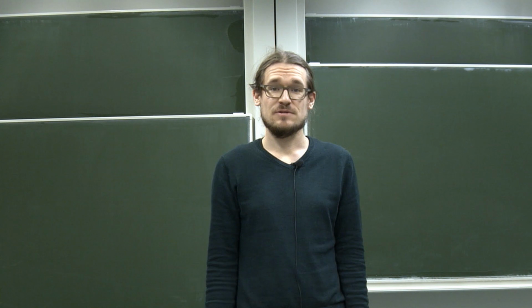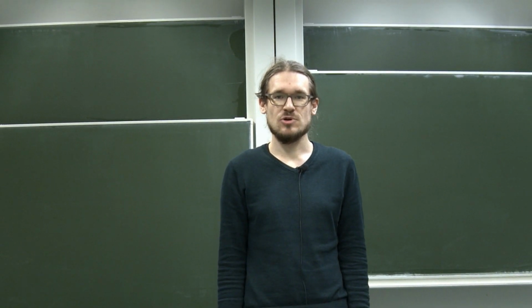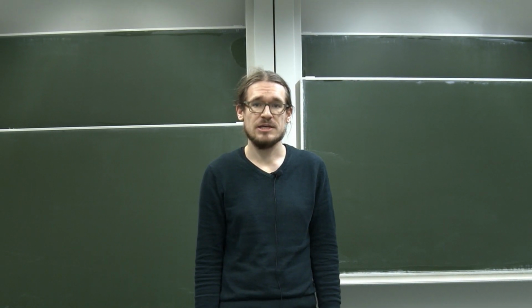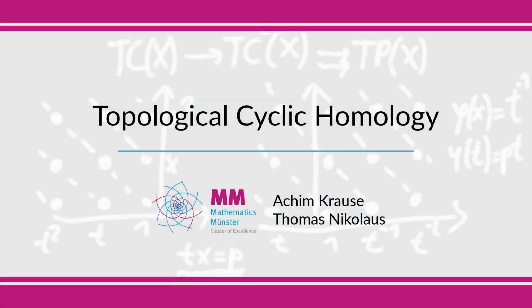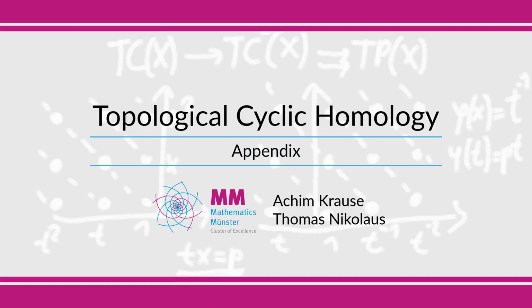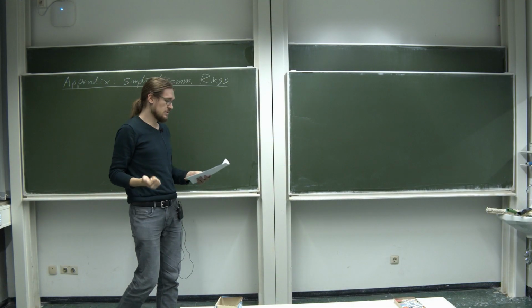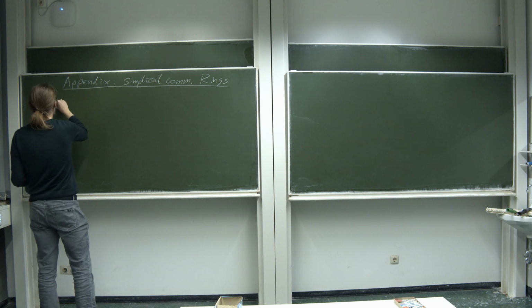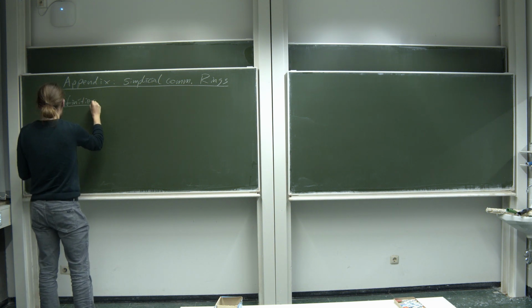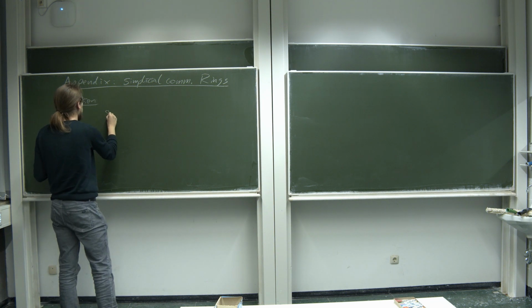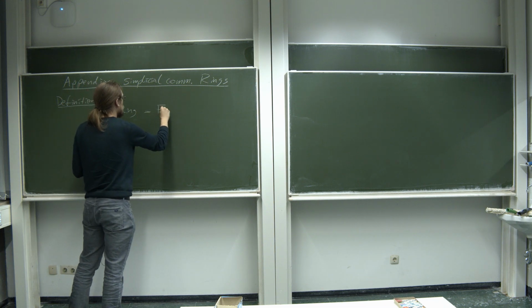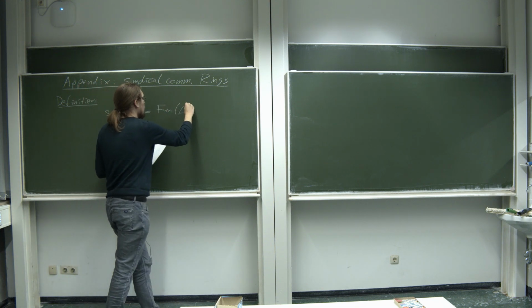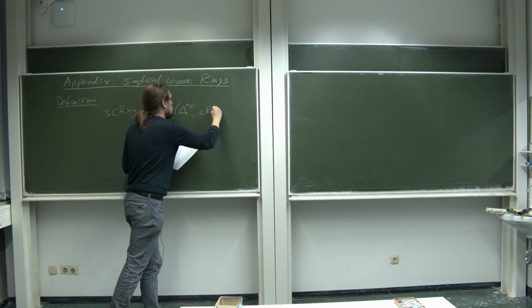All right, that does it for today's lecture. We will now come to our appendix on simplicial commutative rings, which were important for product structures on Hochschild homology. A simplicial commutative ring is simply a simplicial object in the category of commutative rings. More specifically, we let the category of simplicial commutative rings simply denote the functor category from Delta op to commutative rings.